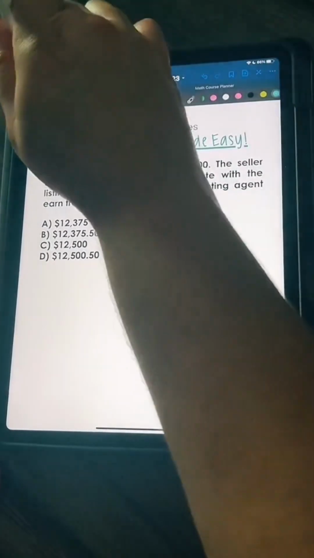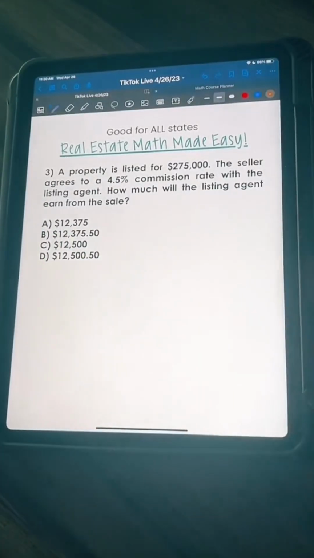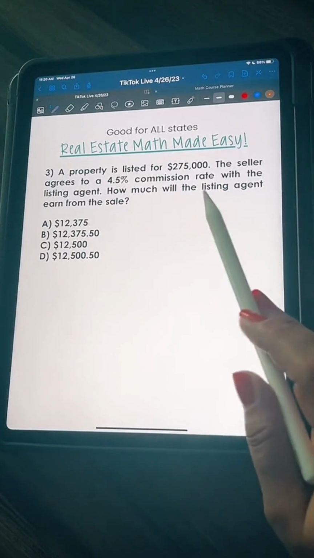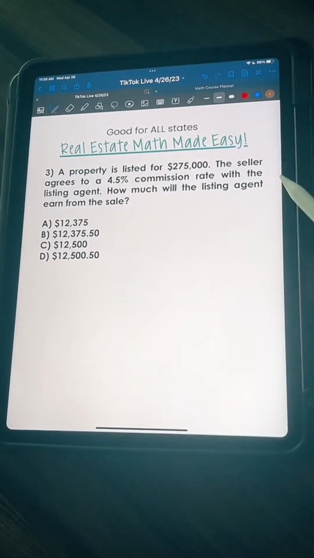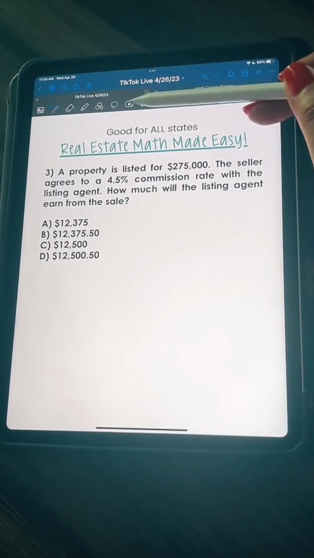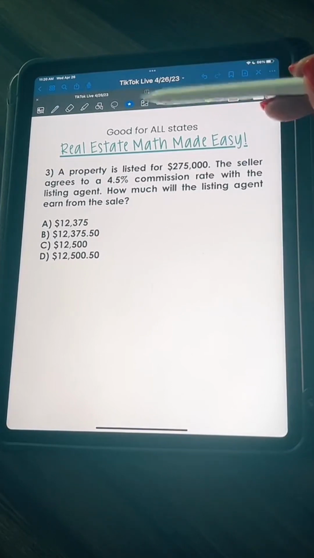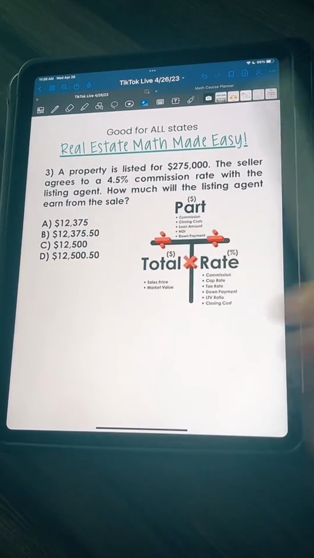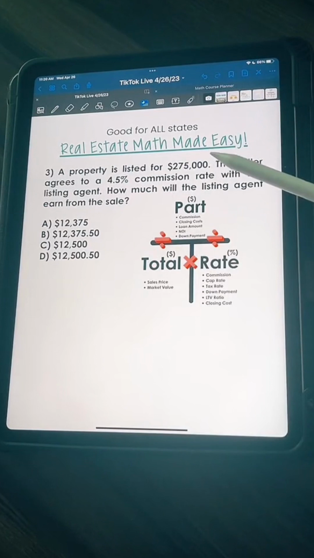Let's start here. A property is listed for $275,000. The seller agrees to a 4.5% commission rate with the listing agent. How much will the listing agent earn from the sale? So we're going to bring out our T-chart method. We have a percent and it's listed for this.